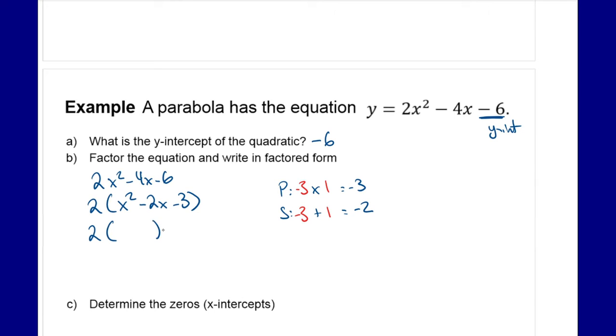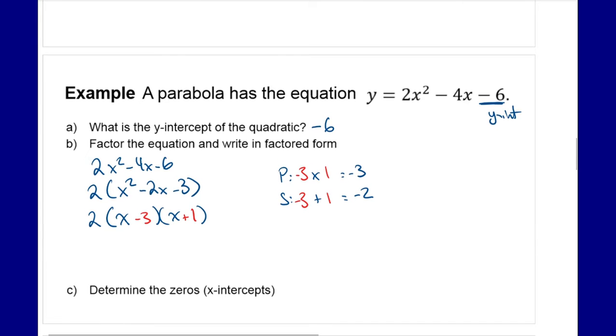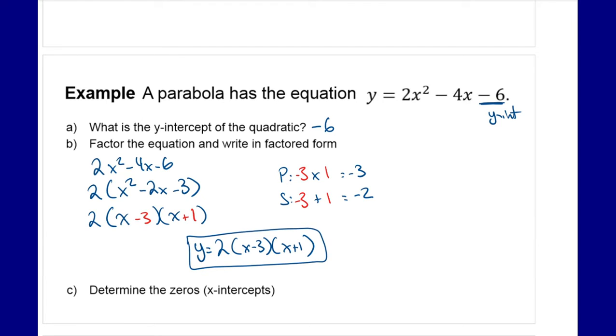So that means my two brackets, x is the variable term in both. One is -3 and one is +1. I now have my equation in factored form. If I want to be specific, I can say y equals 2 times x minus 3 times x plus 1. That's my full factored form.